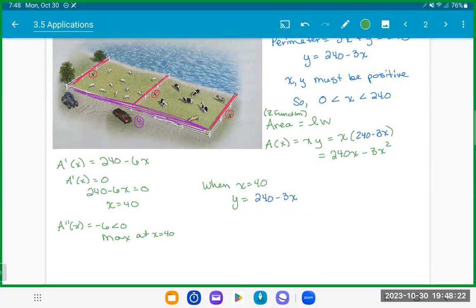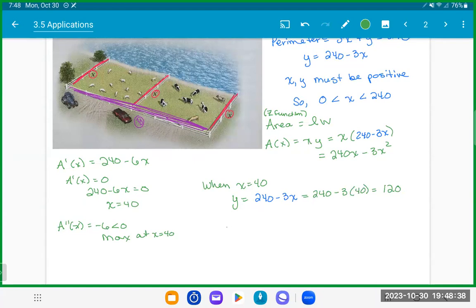So we have this right here. And so that then equals 240 minus 3 times 40, which equals 120. Okay, that's my y value.